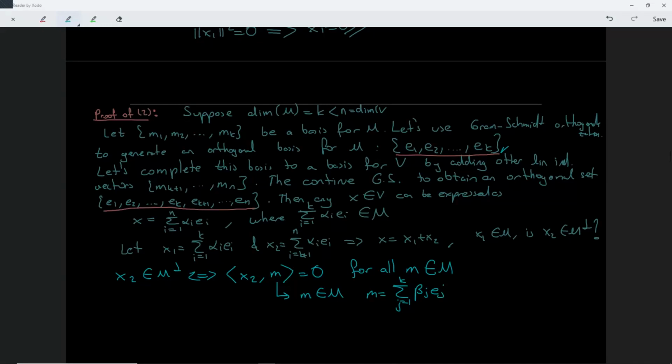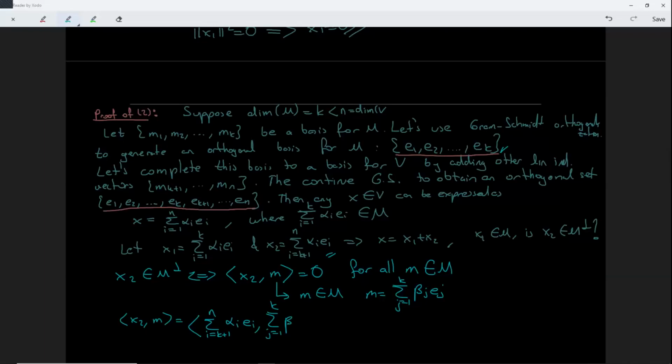And x2 was simply given as the summation i from k plus 1 to n of alpha_i e_i, all right? So I can write the inner product of x2 and m using that expression for x2. It is equal to the inner product of the summation i from k plus 1 to n of alpha_i e_i, and m written as the summation j from 1 to k of beta_j e_j.